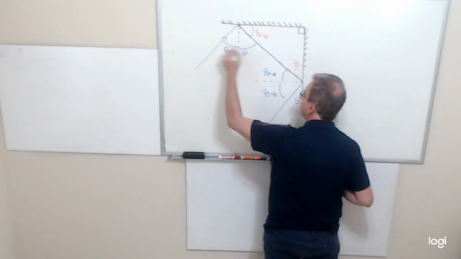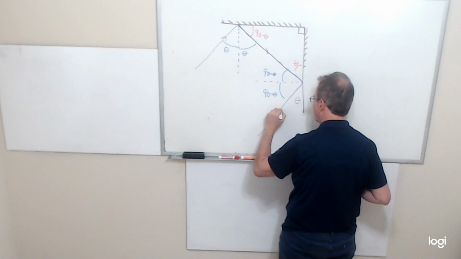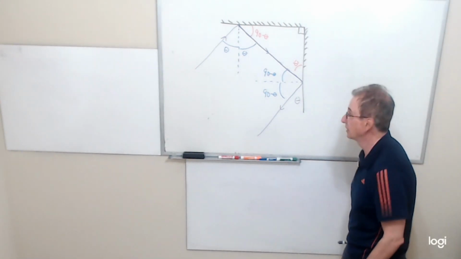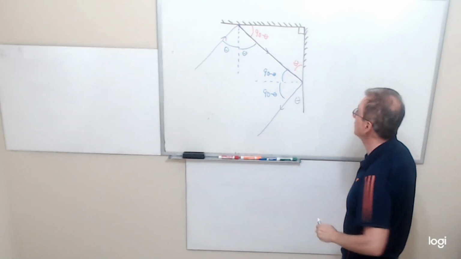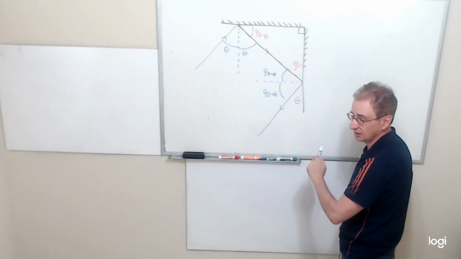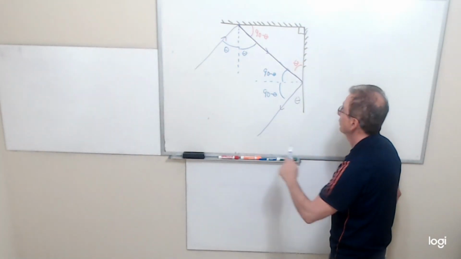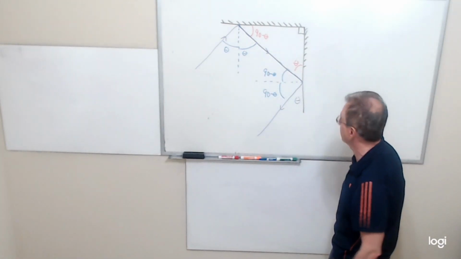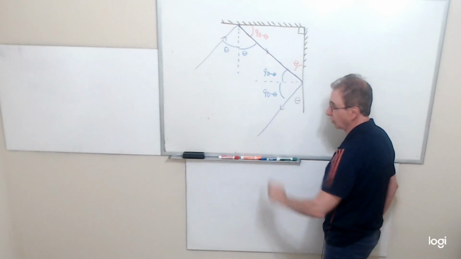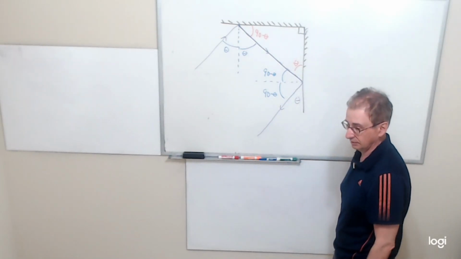Now think about it. Look what the ray does. It comes off in the opposite direction. So the ray comes in at this angle theta. It goes out at the angle theta. So as long as that's 90 degrees, when you have light bouncing off two mirrors that are 90 degrees apart, this ray is going to go off in the opposite direction.